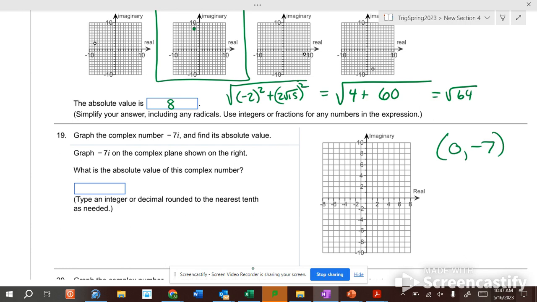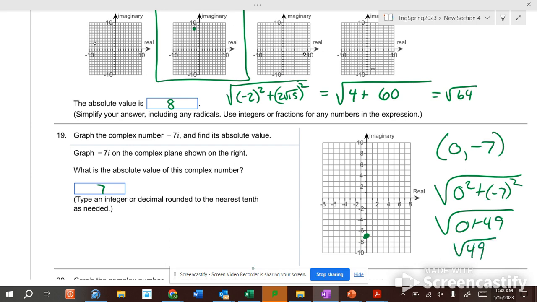It would be right there. What's its absolute value? How far is it away from 0? It's 7 away. Okay, the distance formula: the square root of 0 squared plus negative 7 squared, which is 0 plus 49, which is the square root of 49, which is 7.